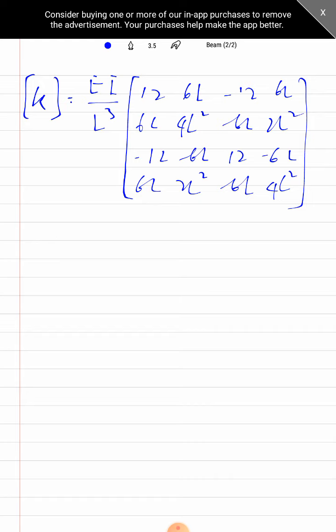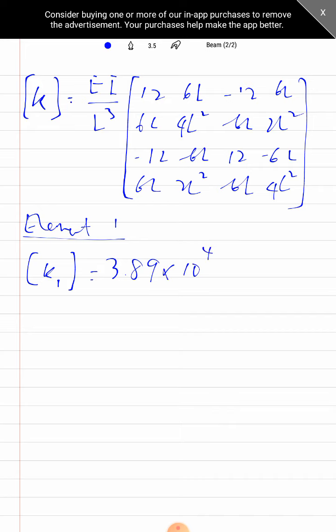Okay, so let's start with element 1. Element 1, so K1 is, so just substitute your E, your I, and L. So you should get here 3.989 times 10 to the power of 4, and then you just need to plug in the L, you can get the value.